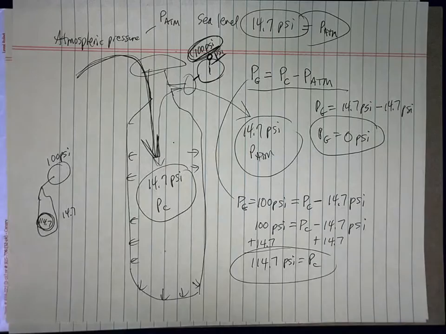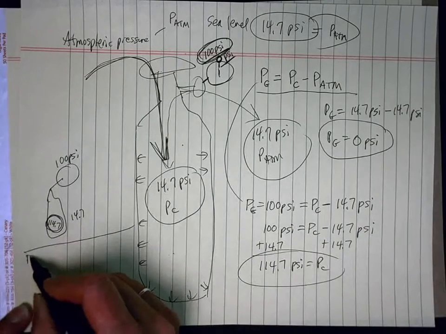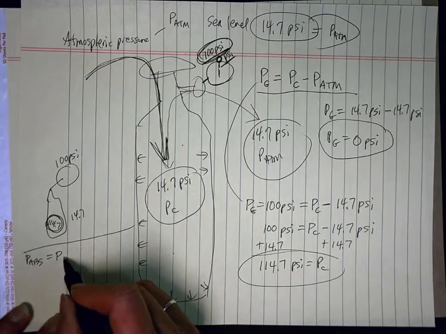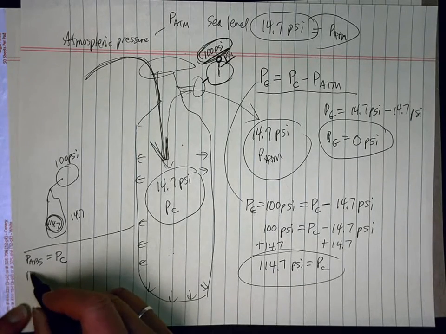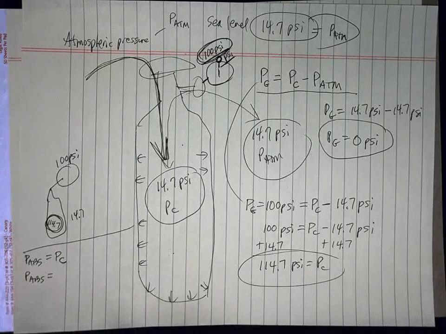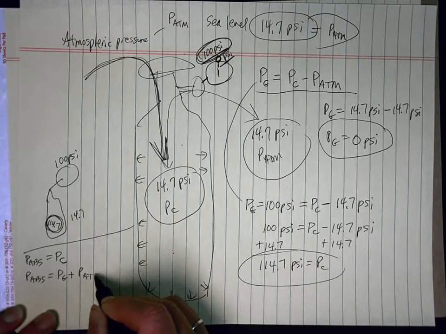Now your book also talks about absolute pressure. Absolute pressure is actually the same as the pressure inside the container. This is also on page 3 of your book. Absolute pressure is equal to gauge pressure plus atmospheric pressure.